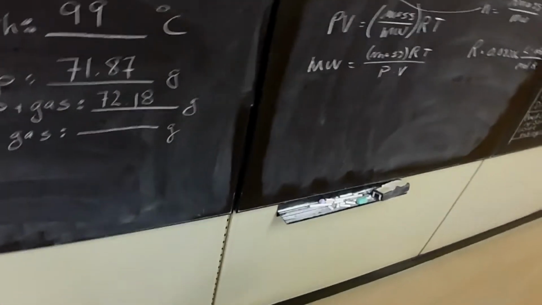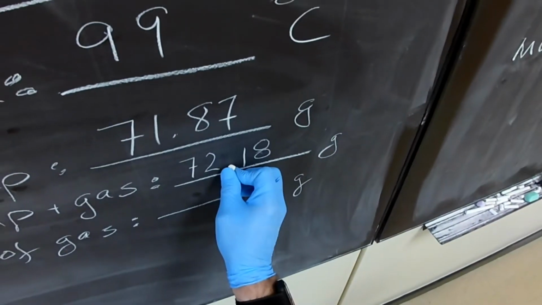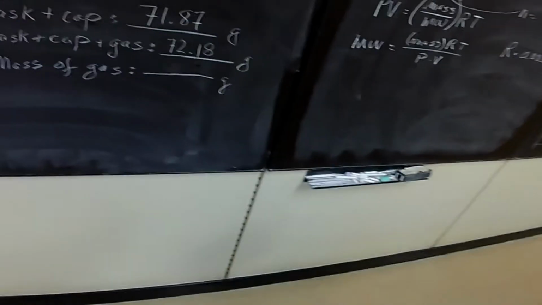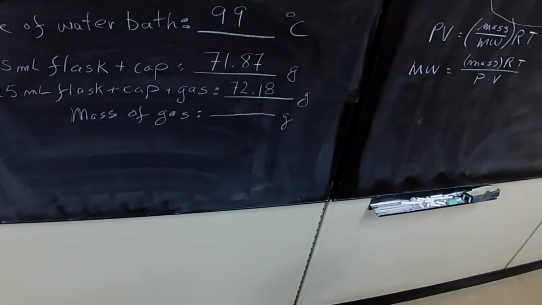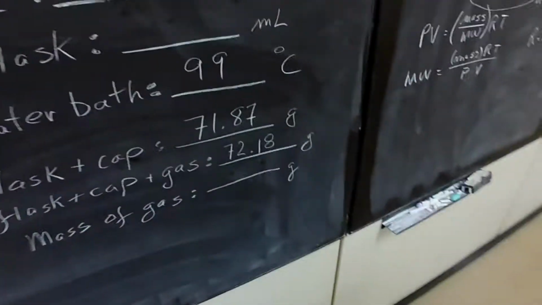All right. So we gained a little bit, not a lot. That's okay, gases don't weigh much. The real test will be when we do the calculation and see if it looks reasonable. Okay, we'll subtract that later.